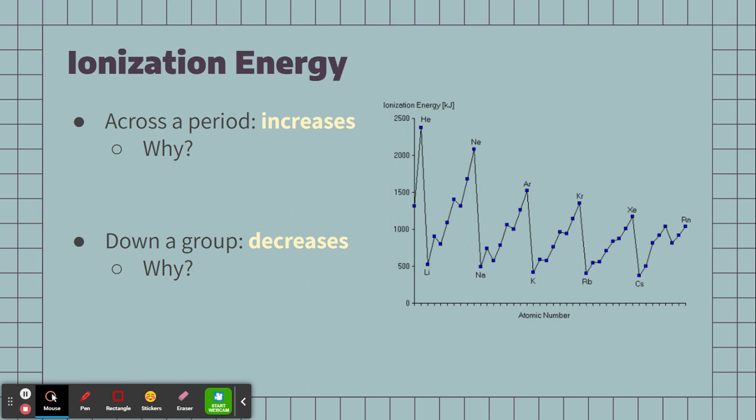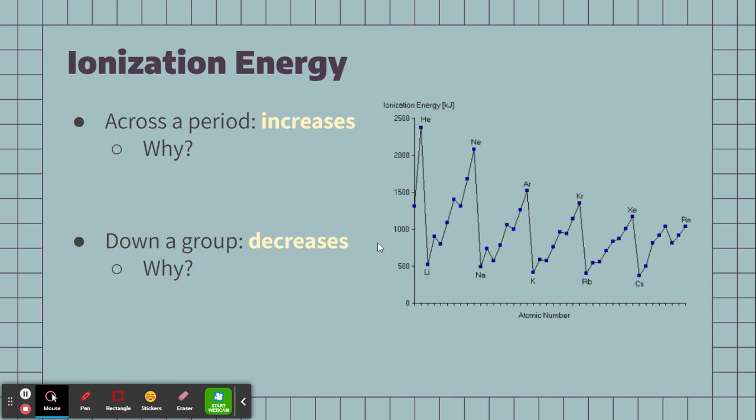If the distance between two particles increases, then the magnitude of Coulombic attraction decreases. If the magnitude of Coulombic attraction decreases, then a lesser magnitude of ionization energy will be required to remove that outermost electron. Thus, down a group, first ionization energy decreases.